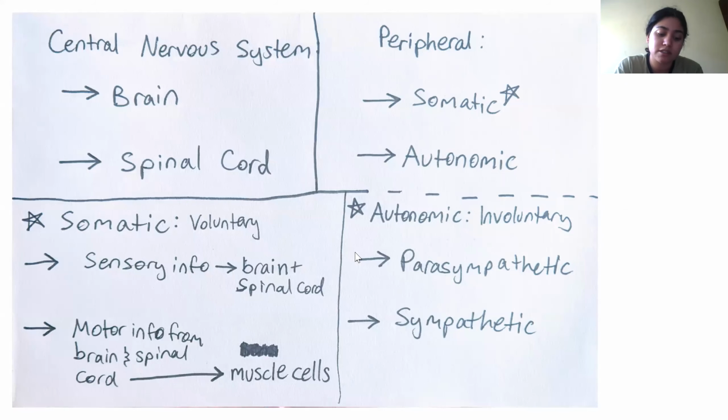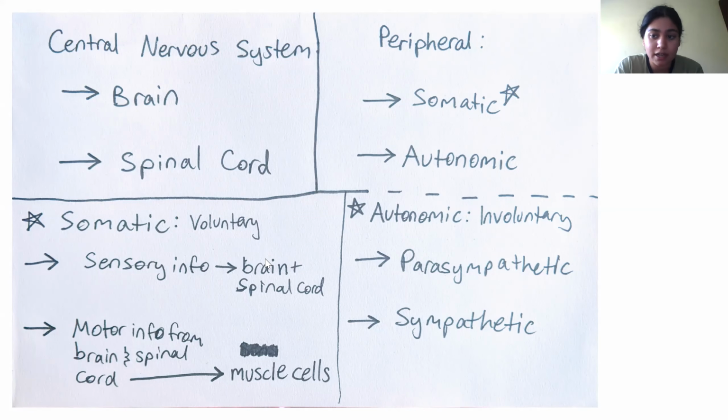So we've talked about the central nervous system that contains the brain and the spinal cord. The peripheral nervous system is also subdivided. This is what we're going to talk about now, and it's divided into two different parts, the somatic and the autonomic.